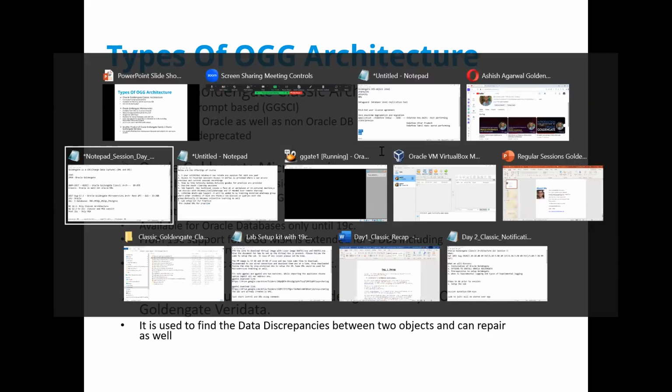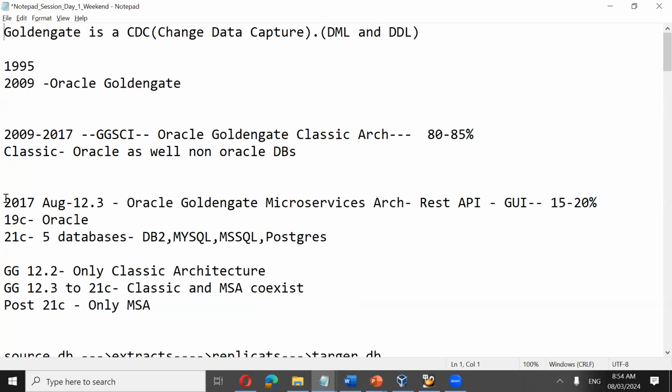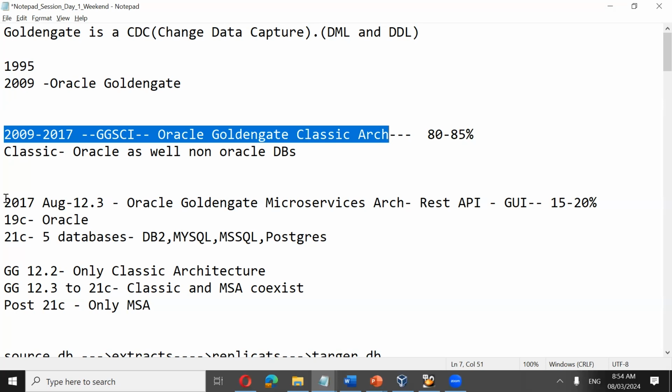Before I proceed, let me tell you. Goldengate was acquired by Oracle in 2009, and since then it is known as Oracle Goldengate. From 2009 to 2017, there was only one way to configure Goldengate, and that was through the command prompt GGSCI. Until 2017, this method was simply called Oracle Goldengate. In 2017, Oracle renamed it to Oracle Goldengate Classic Architecture.